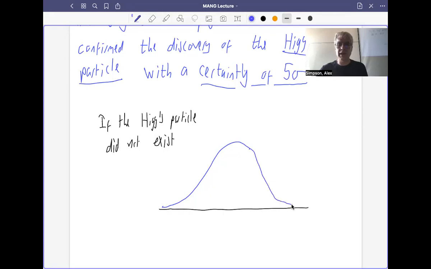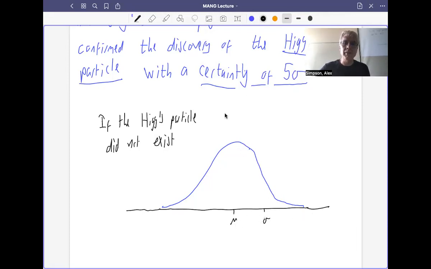So this is what they expect. If the Higgs particle didn't exist, they're most likely to observe a value around here. So here we have the mu, the mean, and here we have 1 sigma, I mean, standard deviation.